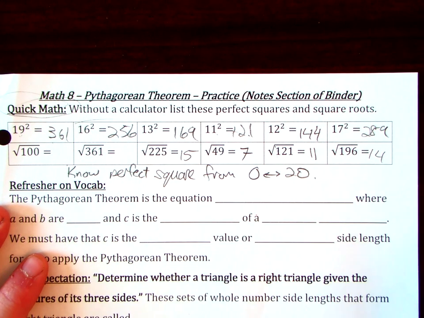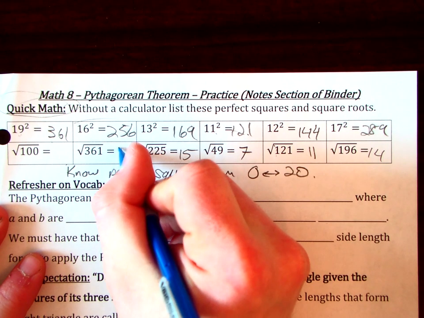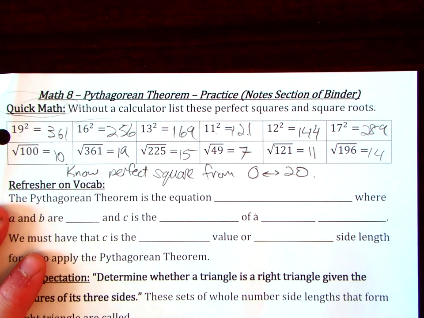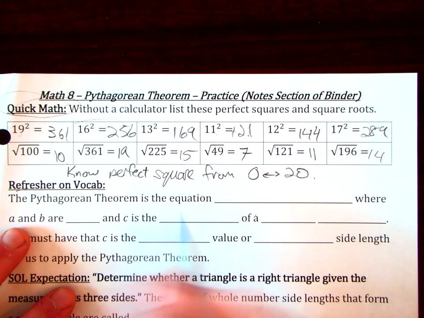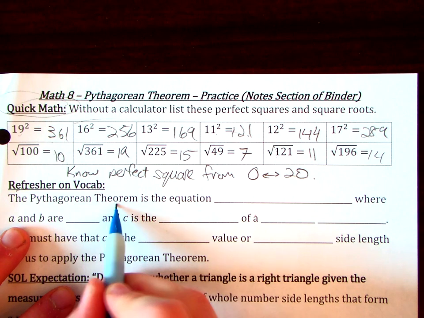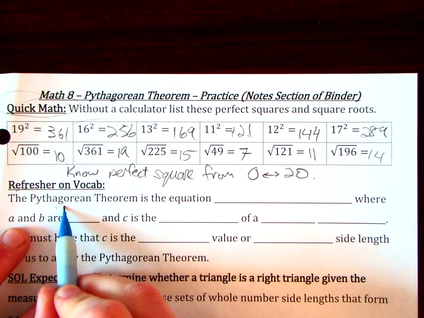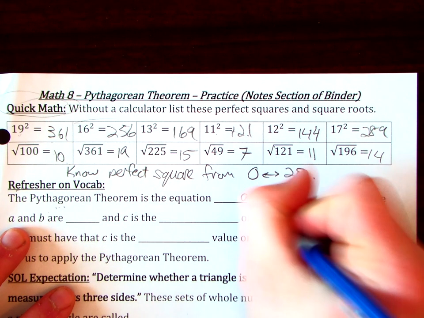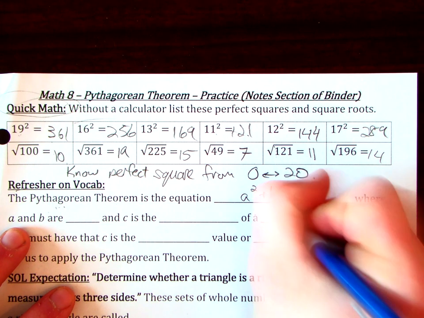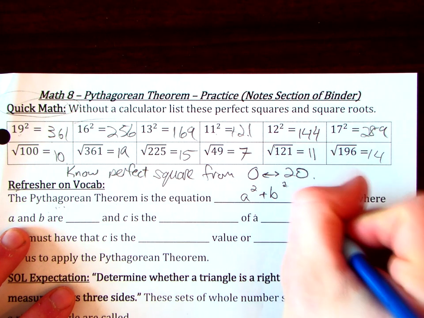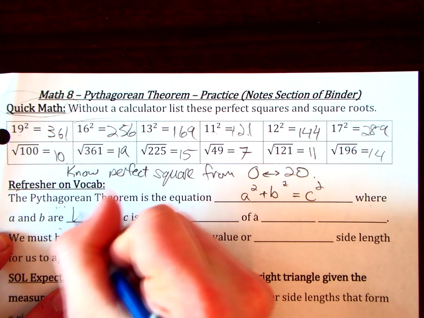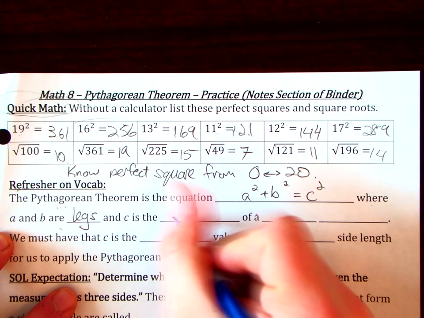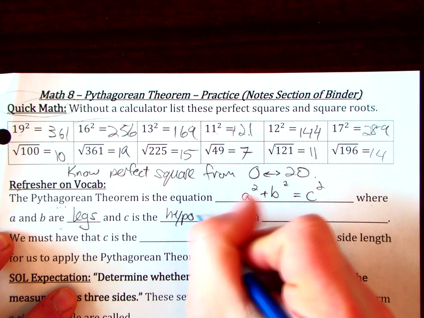As I fill these in, a lot of them you can figure out using context clues for yourself. Alright, a quick refresher from yesterday's notes. The Pythagorean Theorem, make sure you're getting that pronunciation correct, is the equation a squared plus b squared, again to the second power, equals c squared, where a and b are legs and c is the hypotenuse.